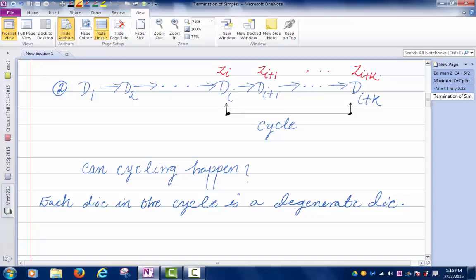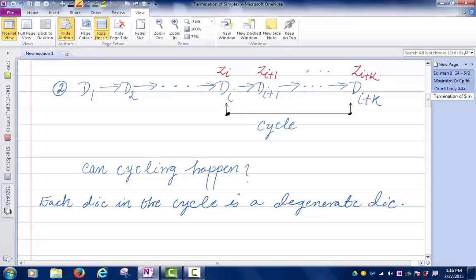Remember what we said, going from one dictionary to the next, if the value of Z does not strictly increase, if the value of Z remains the same from one dictionary to the next, then the beginning dictionary has to be what? Degenerate, right?